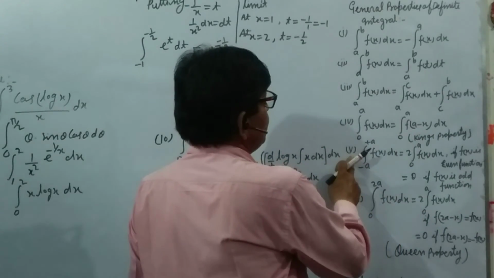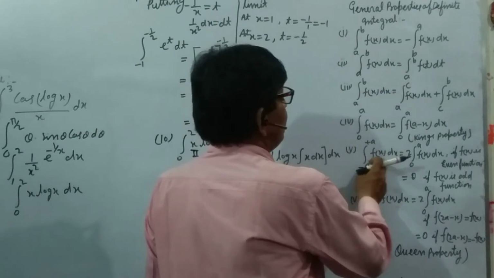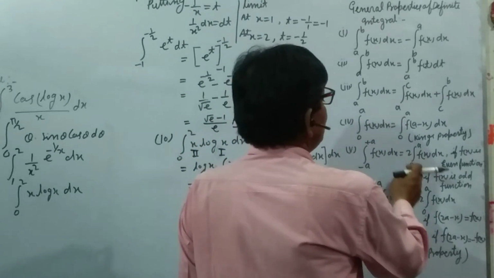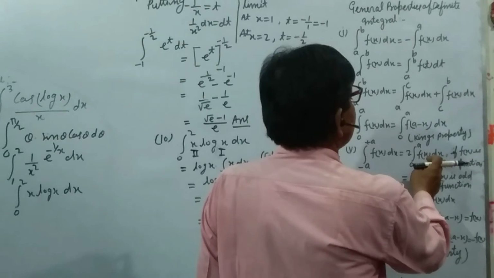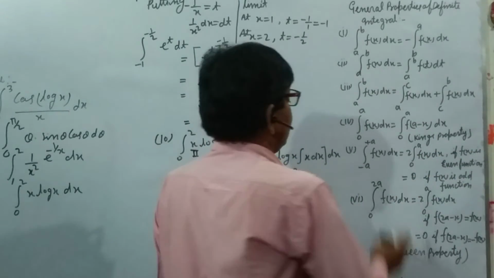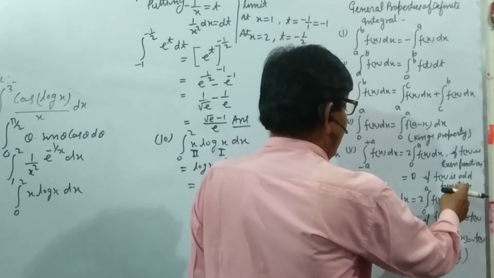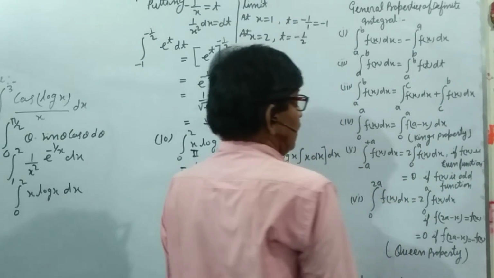Now property 5, integration of minus a to a f x dx is equal to 2 times 0 to a f x dx if f x is an even function, and this value is equal to 0 if f x is an odd function here.